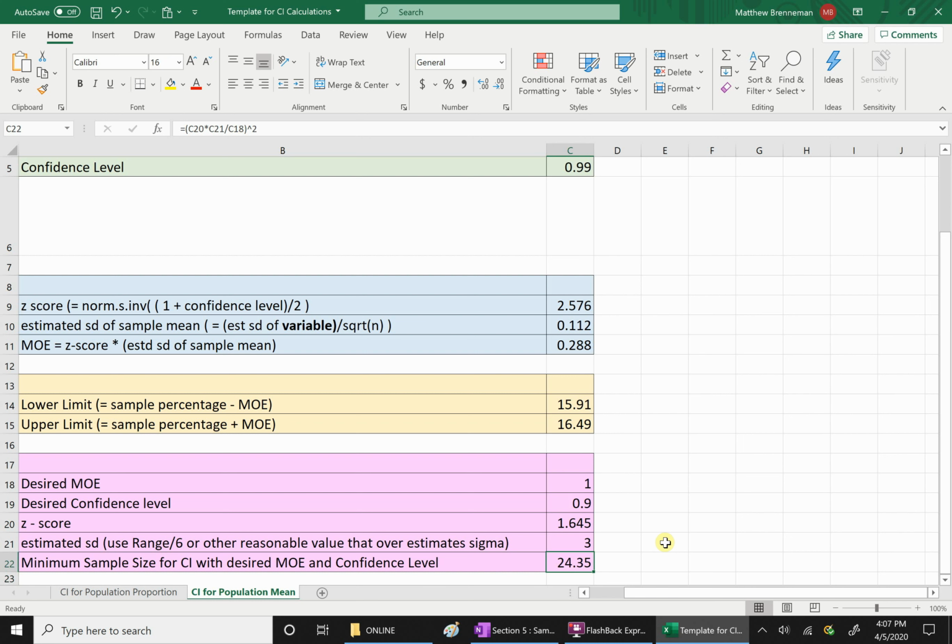And we find we get 24.3. Okay, that's correct. So this turned out to be a really small sample size. We don't need a particularly large sample size there. Okay, good.